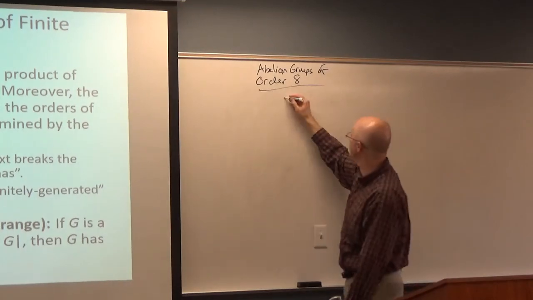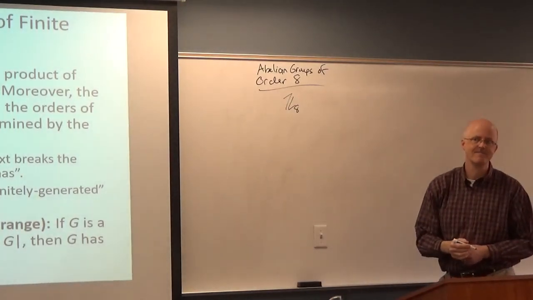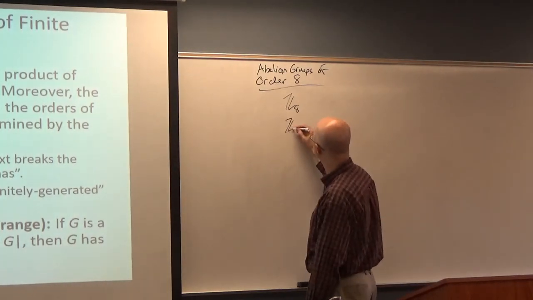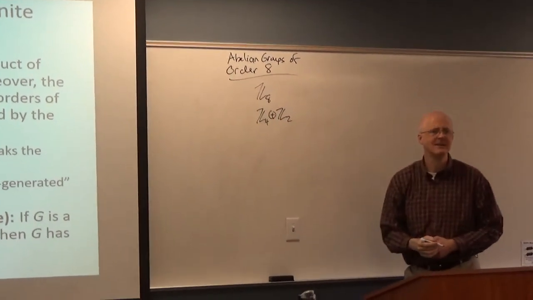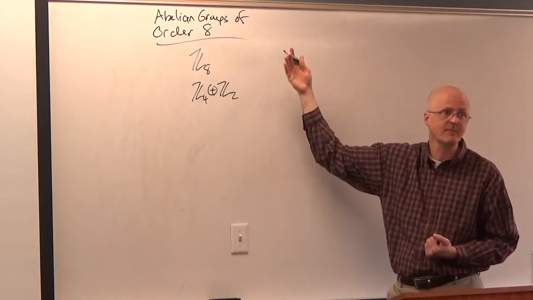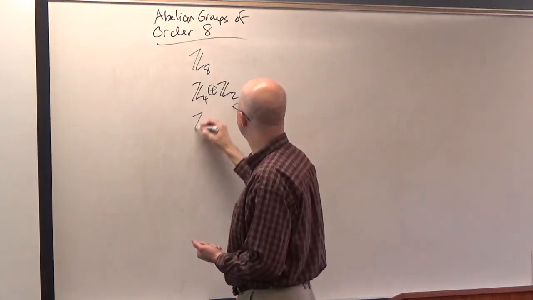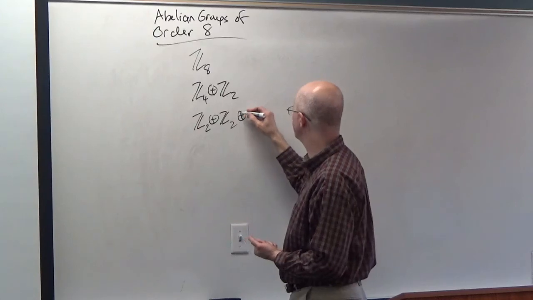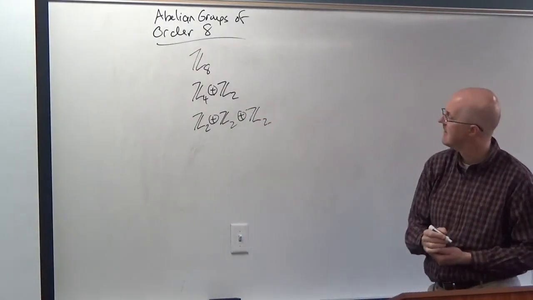Certainly Z8 is one of them. That's the cyclic one. You'd put Z4 external direct product with Z2 in that category. And it is different than Z8 since 4 and 2 are not relatively prime. This is stuff you know. Z4 is not isomorphic to the external direct product of Z2 with itself, so this would be a distinct one as well. Are there any more?